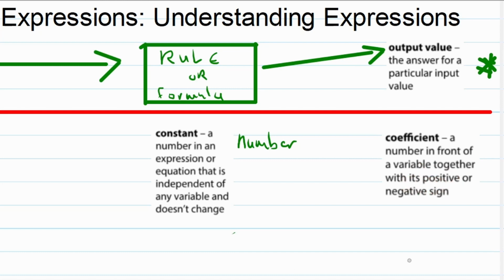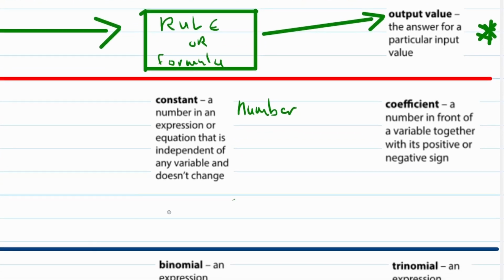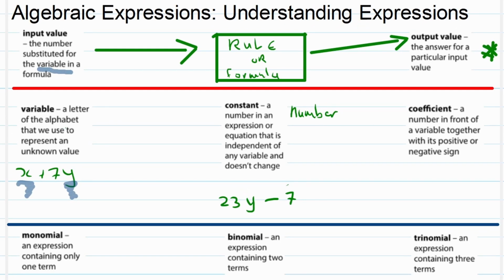Okay, this is important. So for instance, let's say we've got an expression that says the following: 23y minus 7. Okay, so the y is a variable.